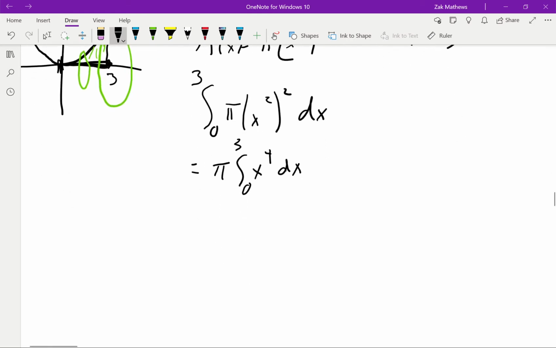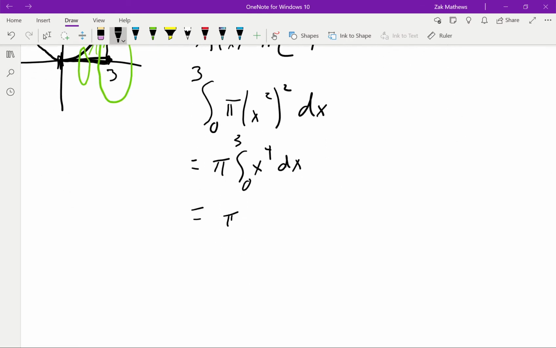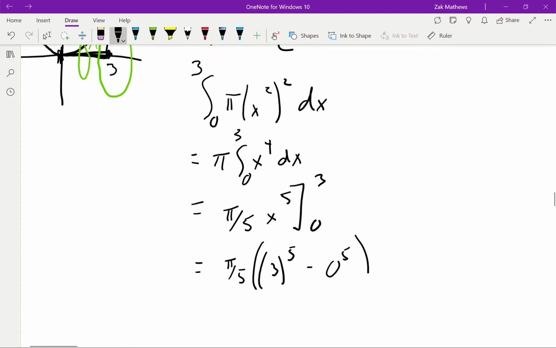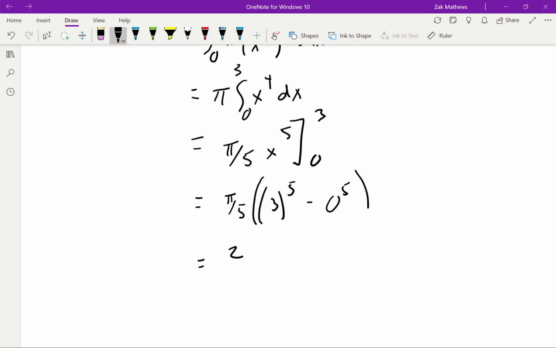Now I can calculate this antiderivative. It would be pi over 5, x to the 5th, and we're calculating that between 0 and 3. And so we'd have pi over 5, 3 to the 5th, minus, of course, 0 to the 5th. And 3 to the 5th is 243, so 243 over 5 pi.